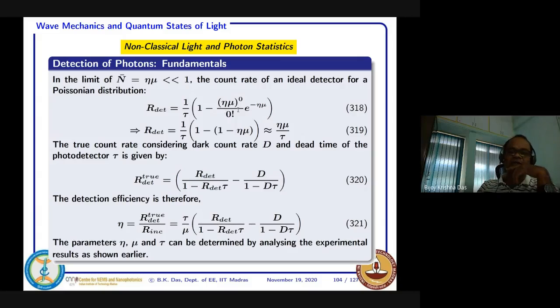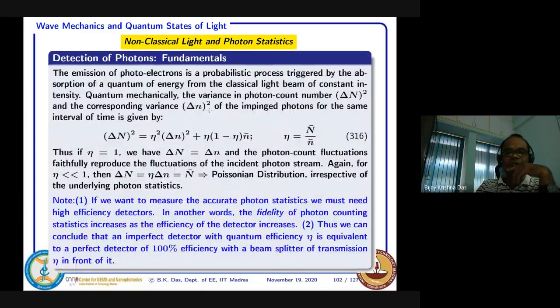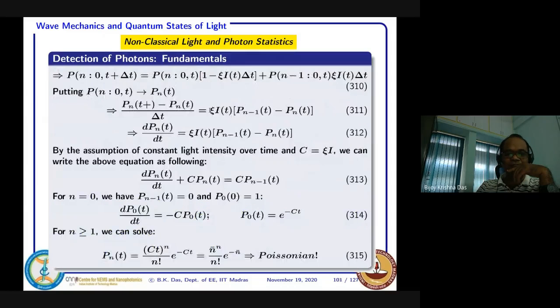Yeah, so it is actually a Poissonian distribution, right? To obtain eta mu, the average number n bar, we have already discussed earlier, no? This is the detection at a photodetector. It is anyway Poissonian, right?